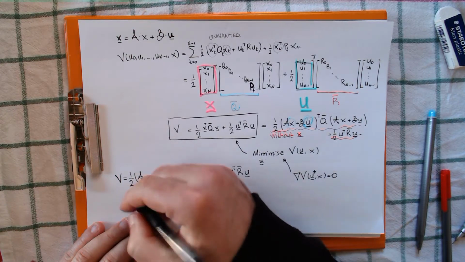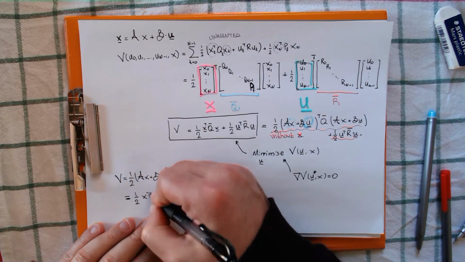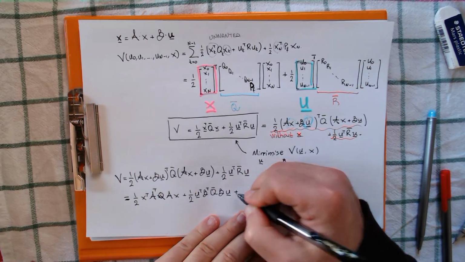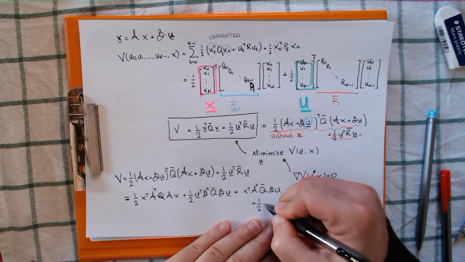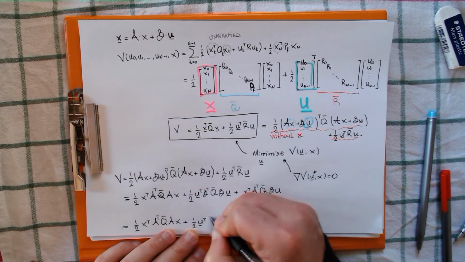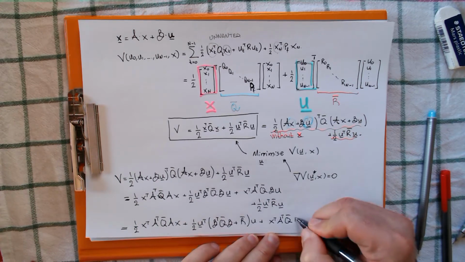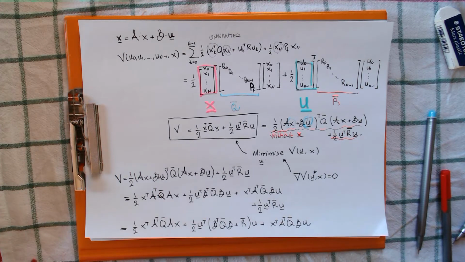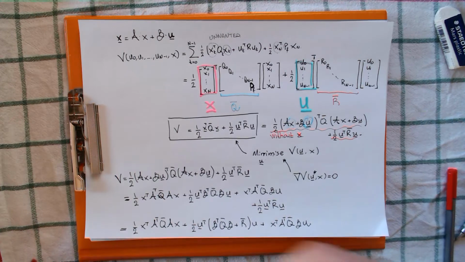Let's do the algebra and simplify things. Q. So this is what we have: 1/2 x transpose a transpose q bar ax. This term, this first term, is just constant.